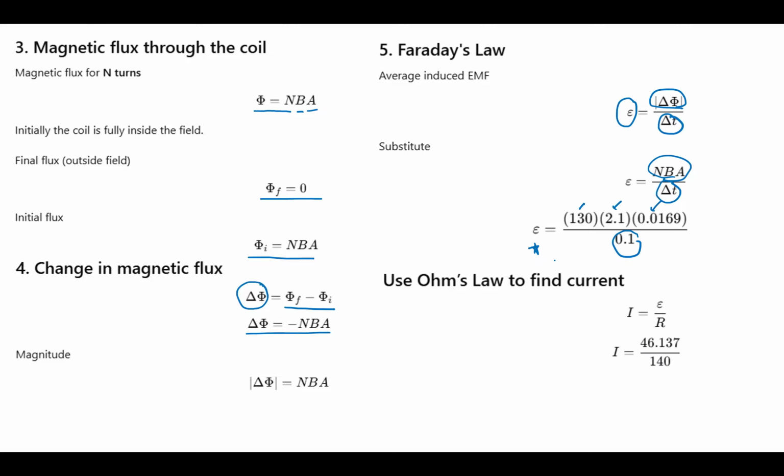Once we find the electromotive force, for the given resistance, we can find the current. So you will find that there are several types of problems. You need to find the electromotive force, and then using Ohm's law, you can find the current. That's the kind of typical example.